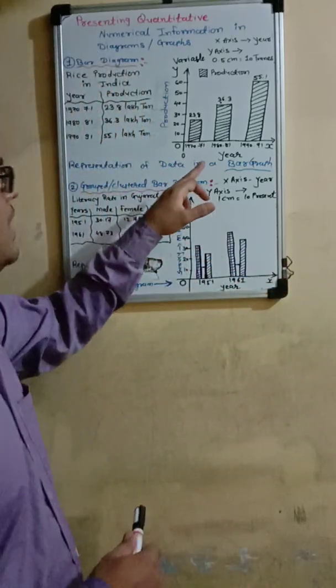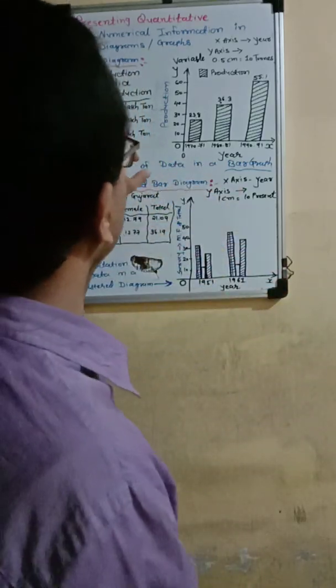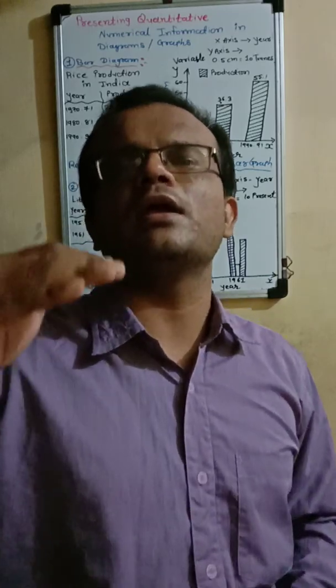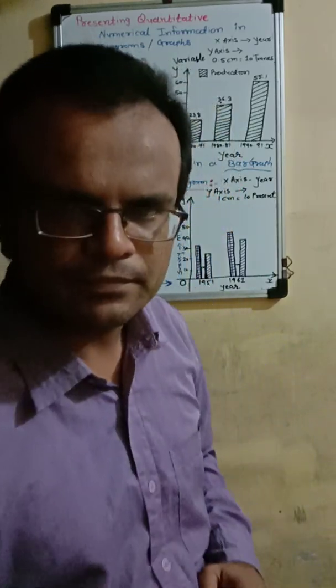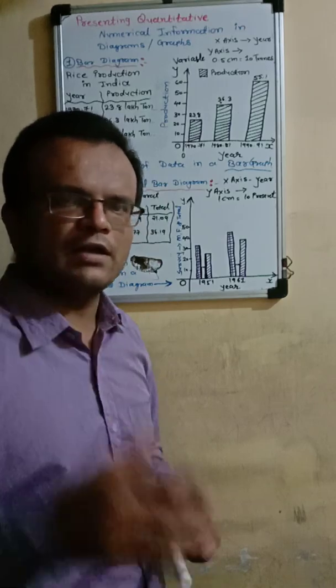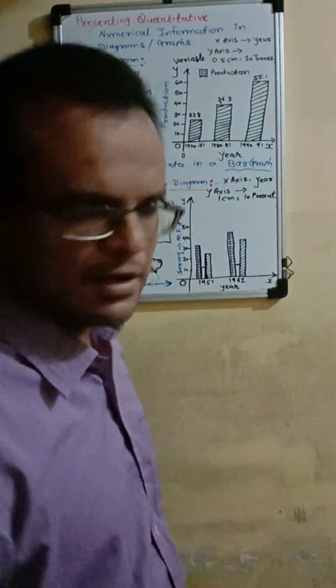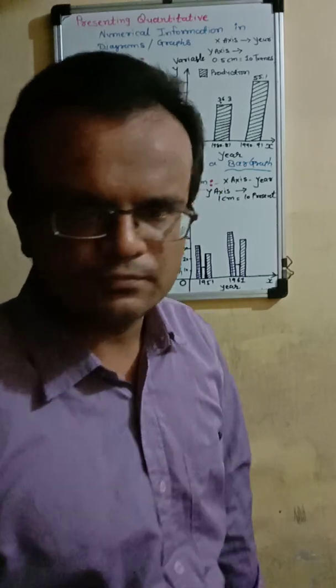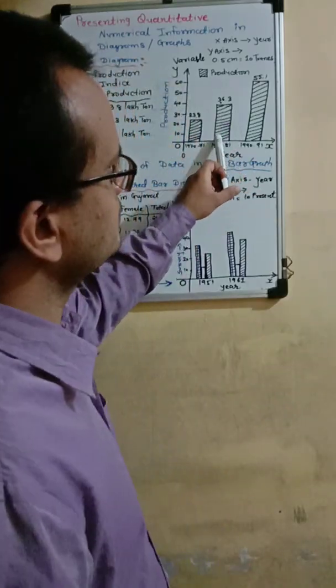Second one 1980-81, 36.3. So 36.3 comes between 30 and 40. Between 30 and 40 you have to draw a pillar of 36.3 lakh tons, just like this.